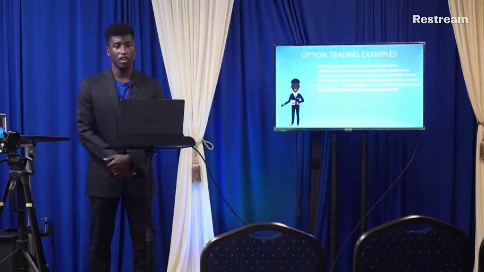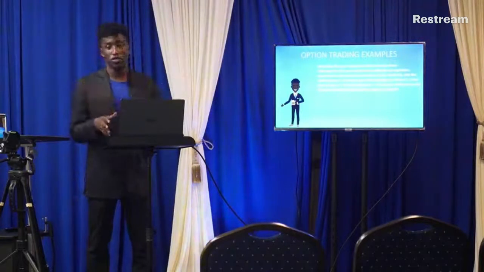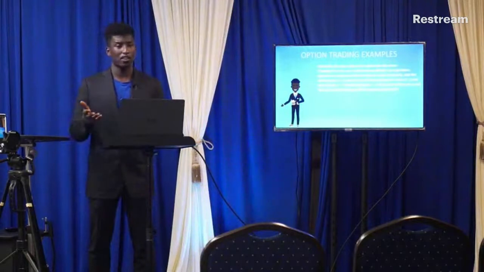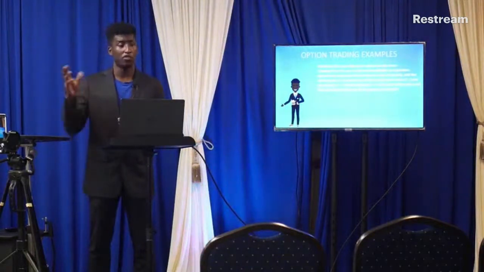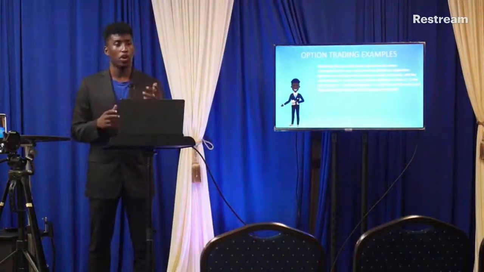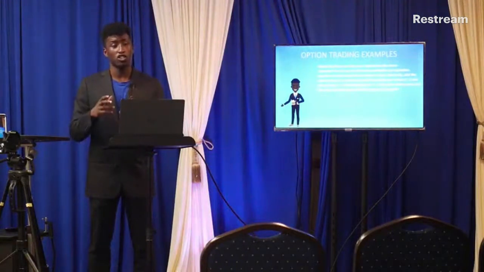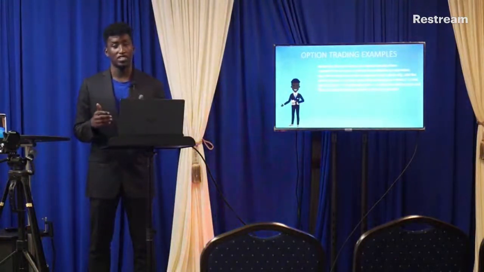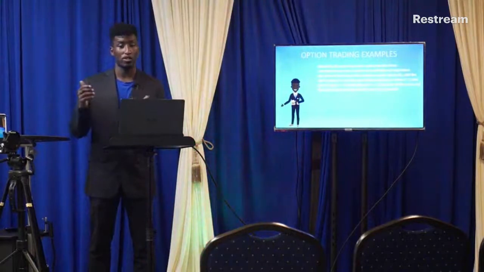Of course, there are ways to limit your loss, which I'm not going to discuss in this presentation because it would take some time. But there's a thing called a stop loss. Let's say you invest in GameStop at a strike price of $30, one contract is 100 shares, and your premium is, let's say, $100. You can put a 10% stop loss under there, so it will sell when it hits 10% below.